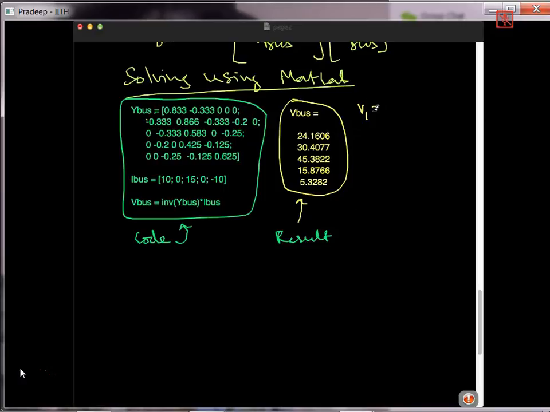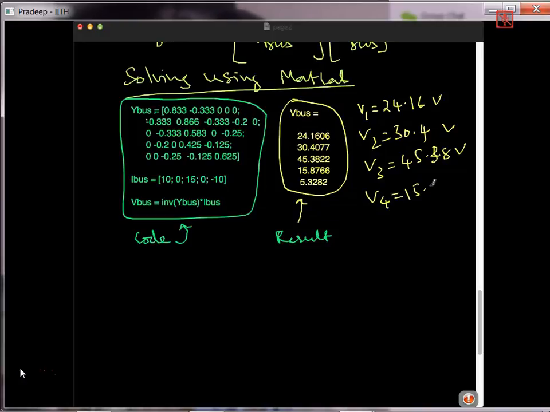V1 equal to 24.16 volts, V2 equal to 30.4 volts, V3 equal to 45.4 volts or 45.38 volts, V4 equal to 15.87 volts, and finally V5 equal to 5.33 volts. So like this I am able to solve.